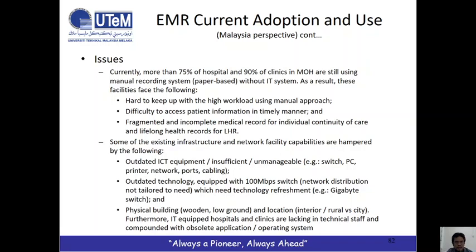So this is some of the hindrance, some of the rejection of implementing the EMR. I think this infrastructure needs to be upgraded by the government using new internet technology.